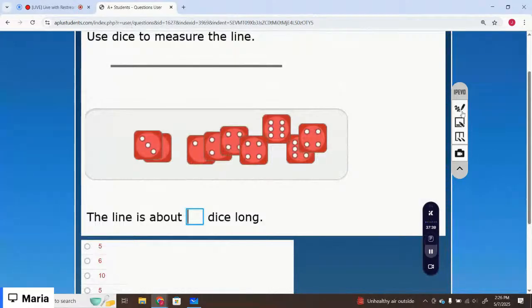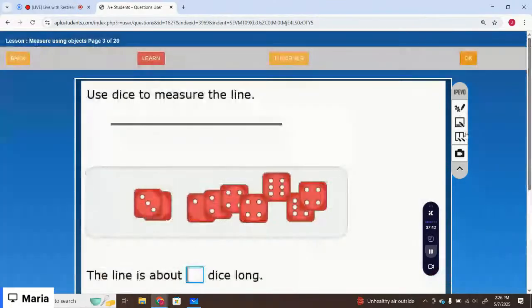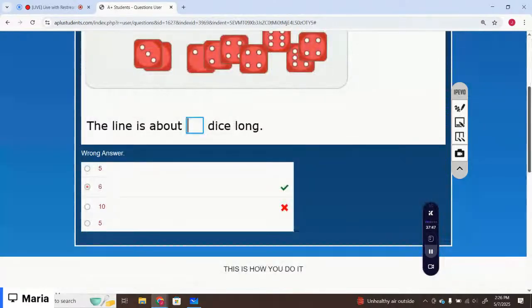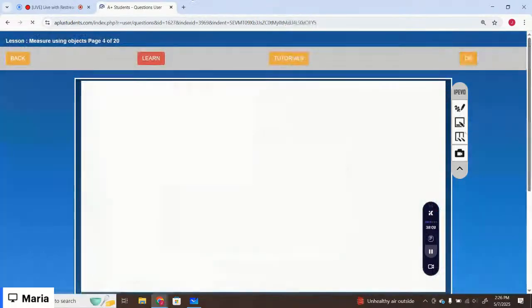The correct option is 10 dice long. Option number 2 is the correct option. Okay, that is just 6 dice long. The correct option is 6. Option number 2 is the correct option.